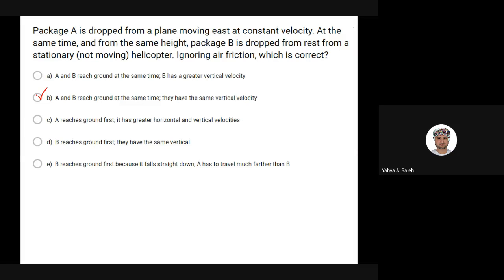Now remember that the time it takes for something to fall is all to do with the y-axis, nothing to do with the x-axis.